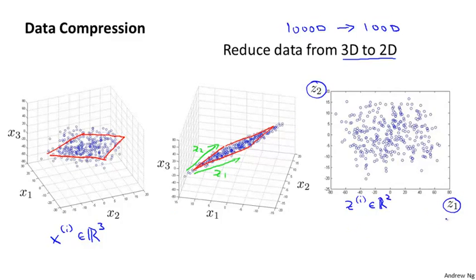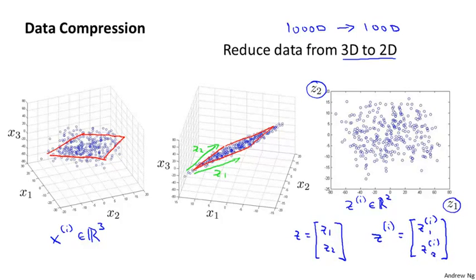And these subscripts, z subscript 1, z subscript 2, what I just mean by that is that my vectors here, z, are 2-dimensional vectors, z1, z2. And so if I have some particular example, zi, well, that's a 2-dimensional vector, zi1, zi2. And on the previous slide, when I was reducing data to 1-dimensional data, then I had only z1, right? And that's what the z1 subscript on the previous slide was. But here I have 2-dimensional data, so I have z1 and z2 as the two components of the data.